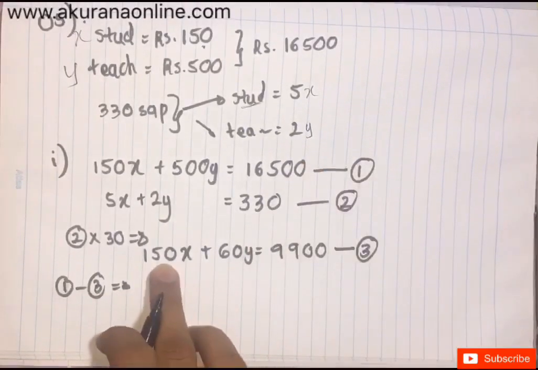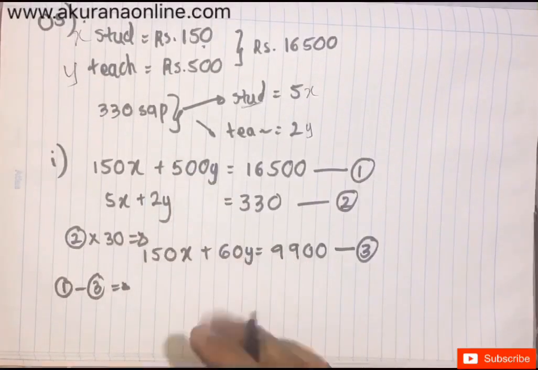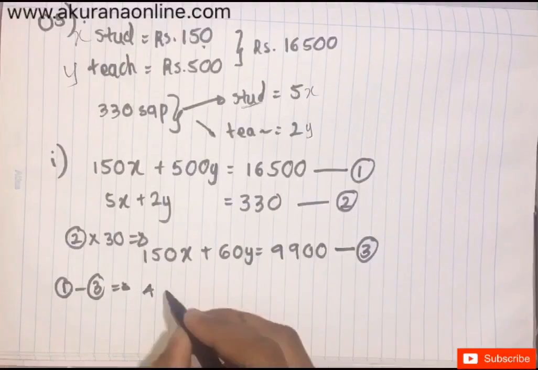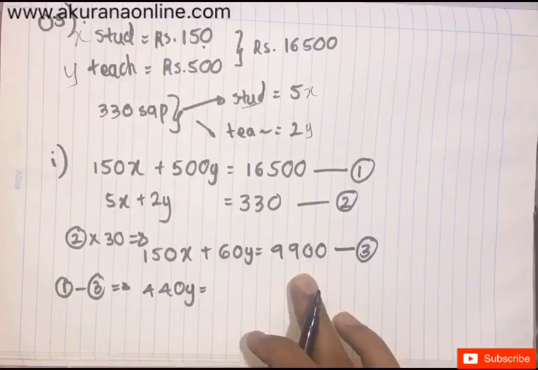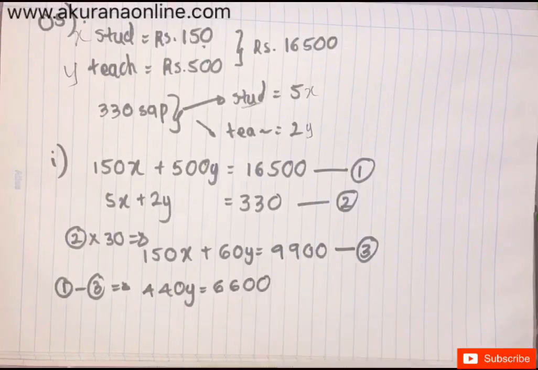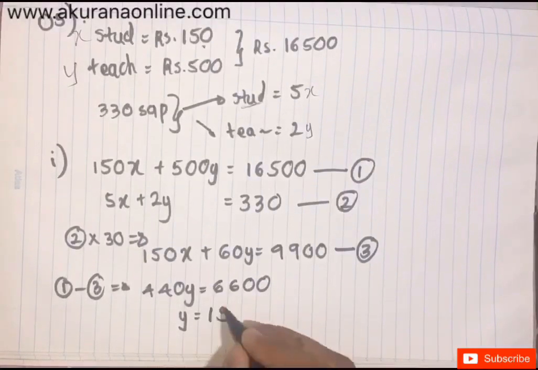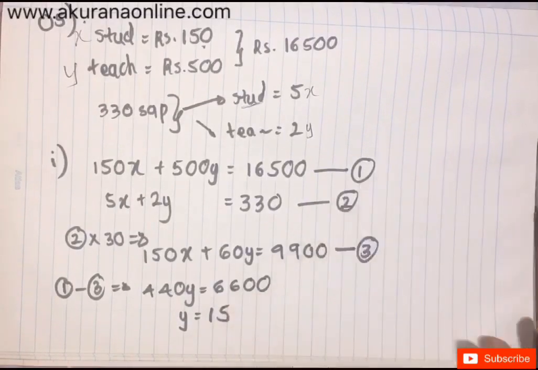Therefore if you subtract 150 from 150, it will be 0. 500 minus 60 will give you 440y, and then 9900 minus 16500 is equal to minus 6600. Therefore if you solve this, y is equal to 15. Now in order to find the value of x, you have to substitute the value of y in any of the equations you like.